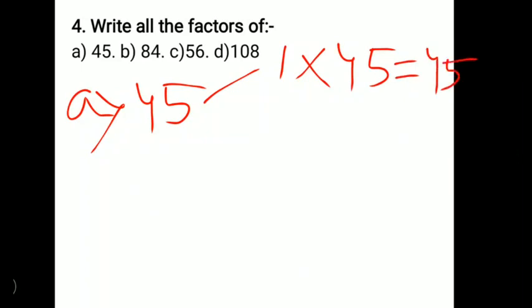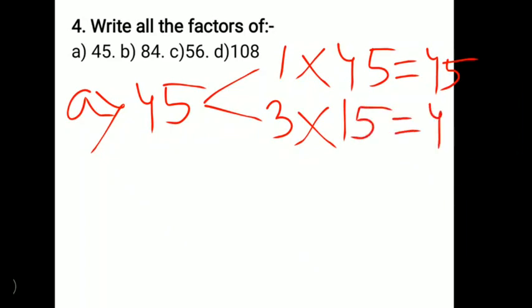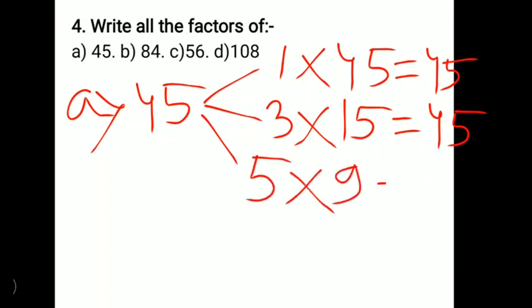Similarly, 2 cannot divide 45, 3 can divide, yes, 3 into 15 is possible. Because 3 into 15 is 45, another factor of 45 is 3. You will move like this, step by step. You will not jump any step. Okay, so you can write 5 9 is 45, right?